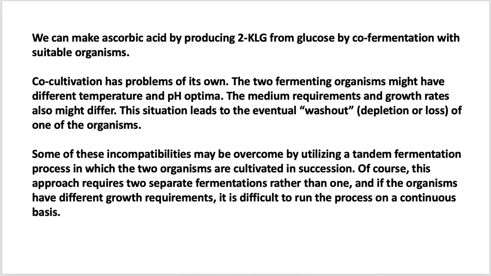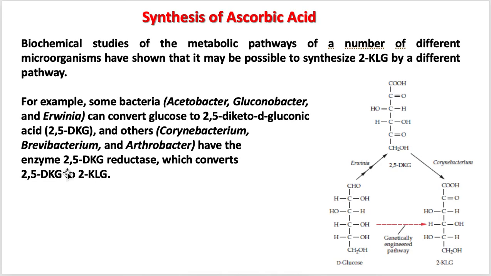So how can we solve this problem? By using recombinant DNA technology, if we can genetically manipulate one of these bacteria to do both jobs, then we can do just one fermentation to produce the 2-KLG. We have two bacteria, so which one is more feasible to change?